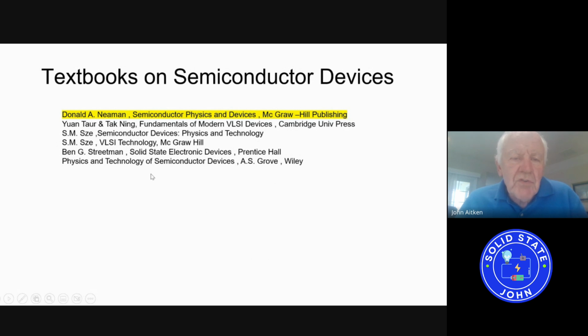And Streetman, Solid State Electronic Devices by Prentice Hall, and Physics and Technology of Semiconductor Devices by Andrew Grove, published by Wiley. For those who are younger than I, you may not recognize the name Andrew Grove, but Andrew Grove is one of the founding fathers of Intel, and he knows FETs very well, as you might imagine.